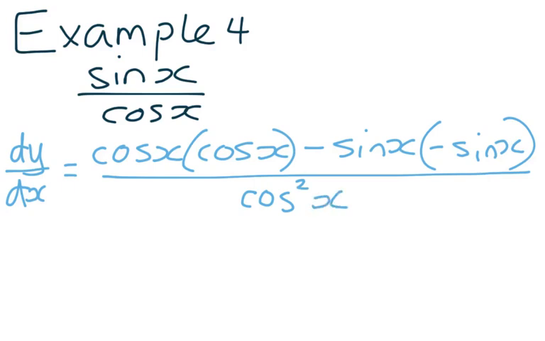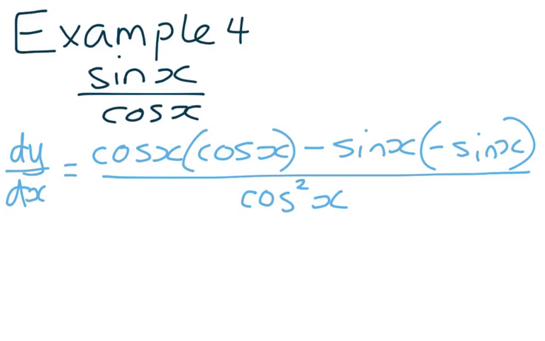So you can see there I did the bottom function, which is cosine of x, multiplied by the derivative of the top, and the derivative of sine of x is equal to cosine of x, and then we do minus the top times the derivative of the bottom, and the derivative of cosine of x is negative sine of x.